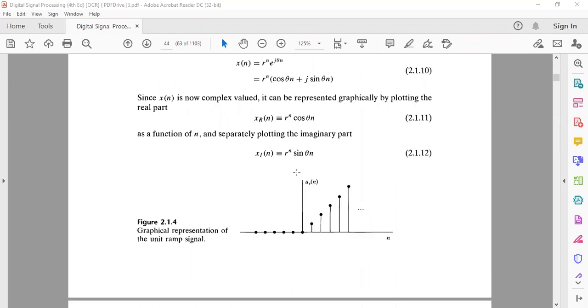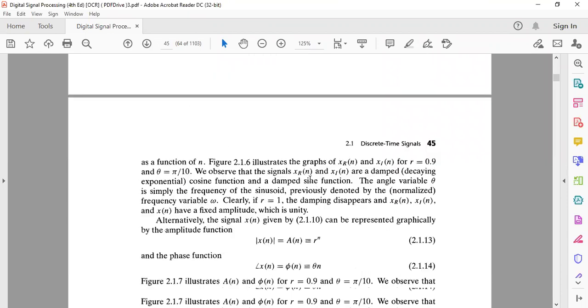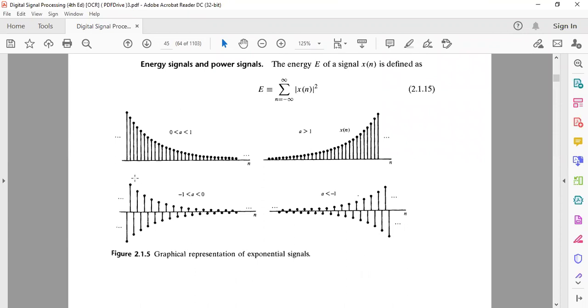Figure 2.15 illustrates x(n) for various values of parameter a. Here, I think this is the graphical representation of the unit ramp. Indeed, the unit ramp, figure 2.15 is down here. This is what I was talking about, different exponential signals down here. So this is the value of a. When a lies between 0 and 1, if it is 0.3, 0.5, 0.7, this is a decaying signal.